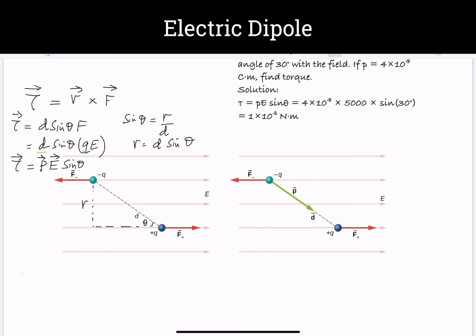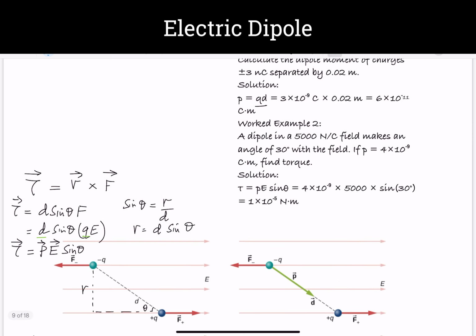So by definition, torque is the cross product of P and E, because the cross product of two vectors means those two vectors multiplied by the sine of the angle between them. See the sine of the angle coming in there. So that's the formula to calculate the torque.